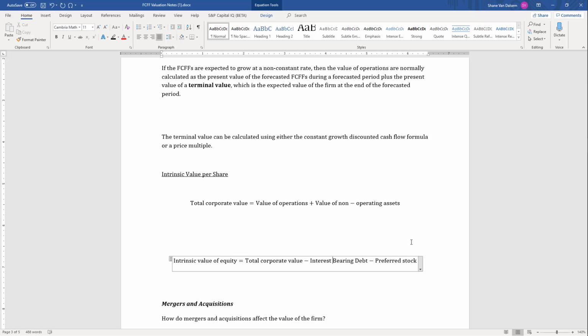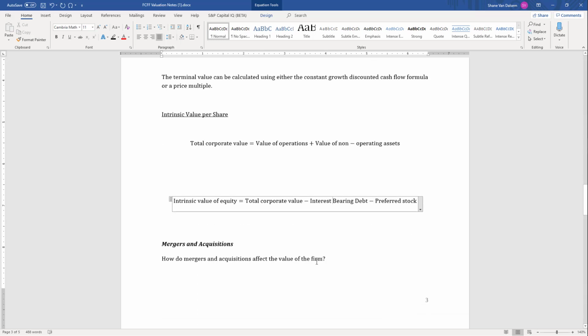The next part of this topic is mergers and acquisitions. If you think back to one of our earlier topics, the first topic that we covered in this class, we also talked about spin-offs. In this case, we're talking about mergers and acquisitions.